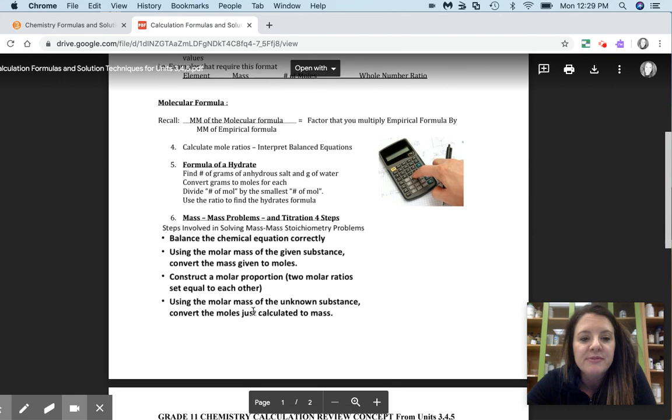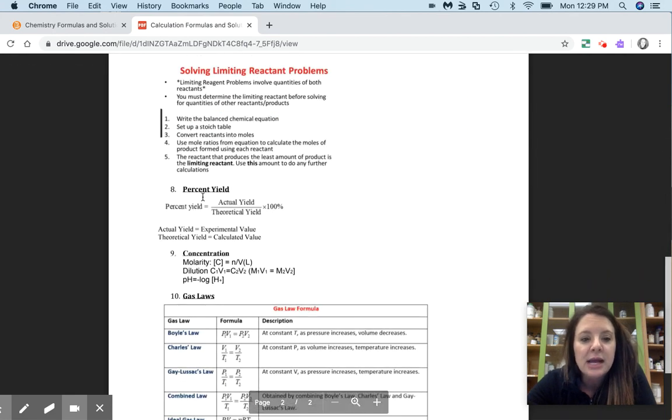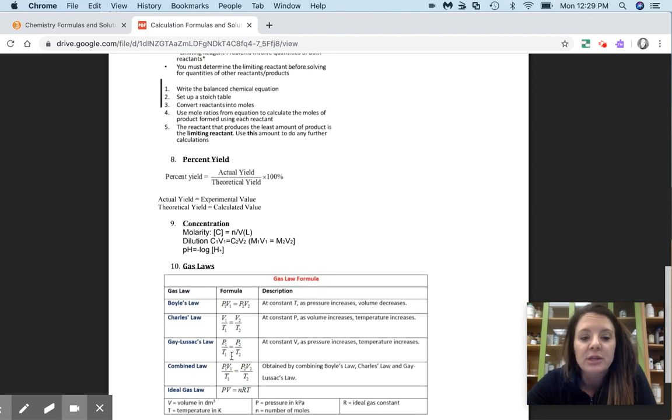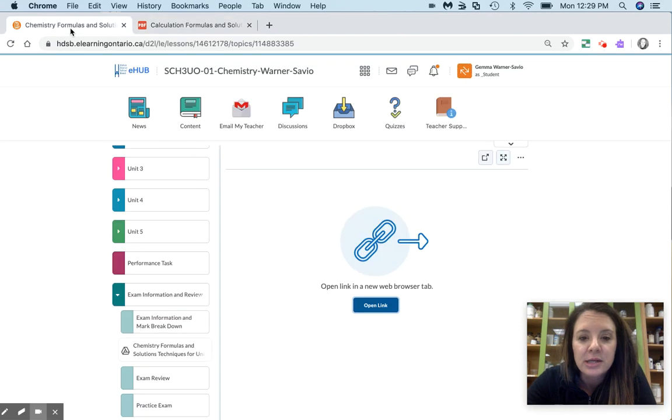Here are the steps of how to do a mass problem, limiting reactant. Here's how to calculate percent yield and molarity, dilution type calculations, your formula for pH, and then also some of the calculations you need. We did not do Gay-Lussac's law or the ideal gas law, so you can omit that.